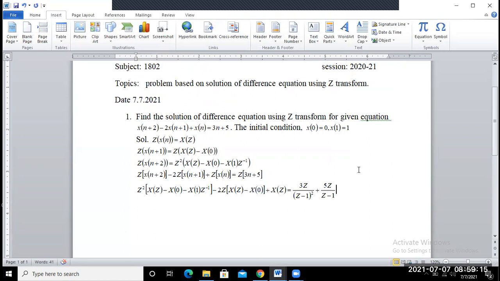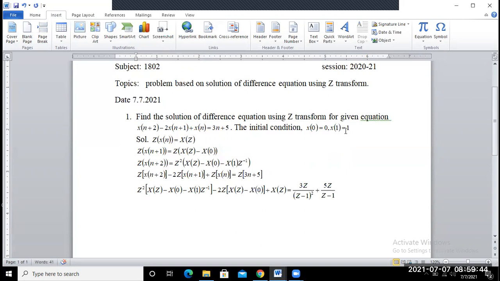Okay. So if you put x0 equal to 0, this term is 0, this term is 0, and x1 equal to 1, so this one becomes only z to the power minus 1. So just put the initial conditions, that means x0 equal to 0 and x1 equal to 1. Now take common X(z) from this equation.